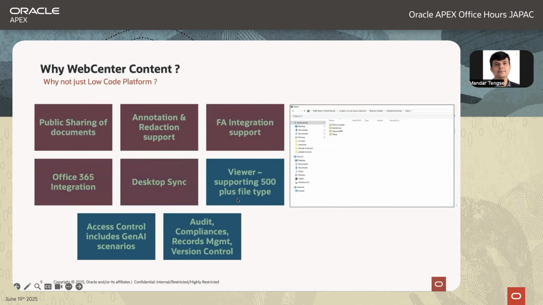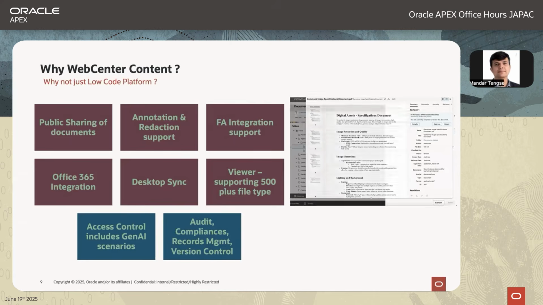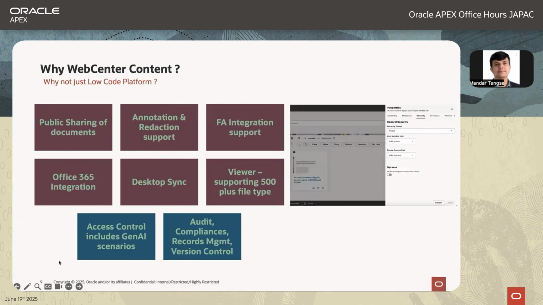Desktop sync, so that you are able to keep the document in sync on your desktop itself. Supporting 500 file types. So it is not just a repository where you can dump documents, you can view them as well, and it supports 500 different file types. Without requiring an editor or a client version to view the file, for example a Photoshop file, you can directly view it in the browser itself. These are some of the other advantages that you get.